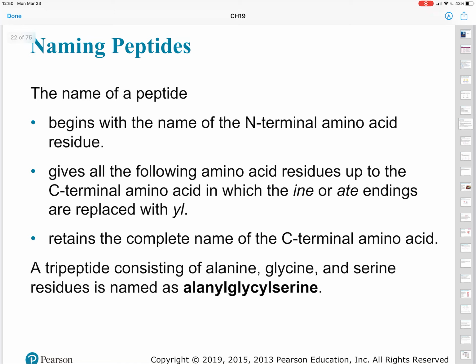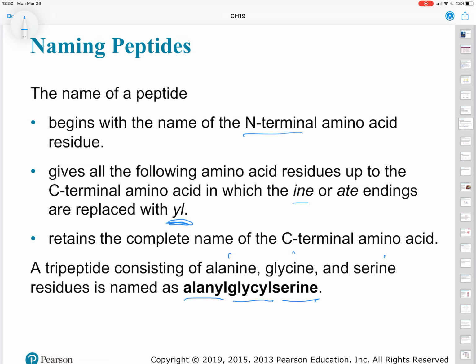As far as naming goes, there's a general trend. I mentioned you always read from the N-terminus side. You just say the name of the amino acid with a yl ending all the way to the end, and then you say the full name of the last amino acid. So if we had 3 amino acids, alanine, glycine, serine, it would be alanyl, glycyl, serine.